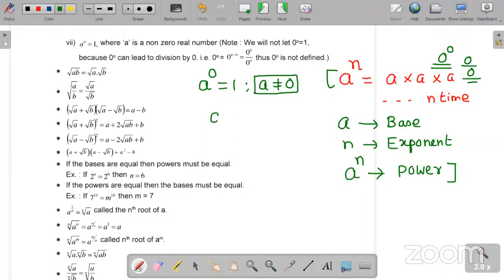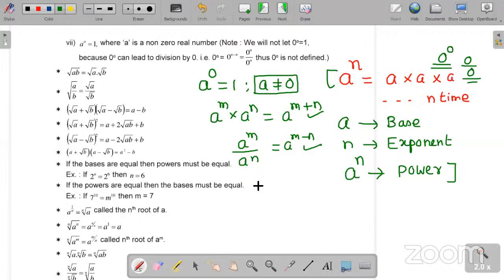And moreover, a to the power of m into a to the power of n gives a to the power of m plus n. Clear? Now a to the power of m by a to the power of n is a to the power of m minus n. This is called the product rule, and this is called the quotient rule.